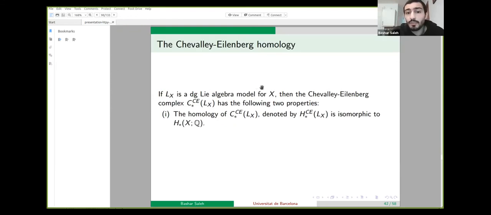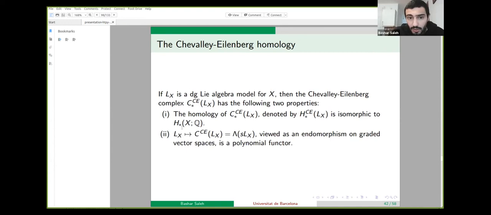So if L_X is a DG Lie algebra model for X, then the Chevalley-Eilenberg complex has the following two properties. The Chevalley-Eilenberg homology is isomorphic to the homology of the space with coefficients in X. I said it in the previous part, but also the following functor, taking a DG Lie algebra to the Chevalley-Eilenberg chain complex of L_X, when we view this as an endomorphism on graded vector spaces, is also a polynomial functor.